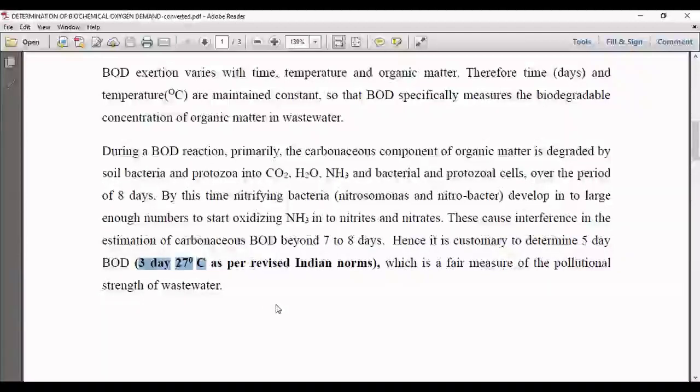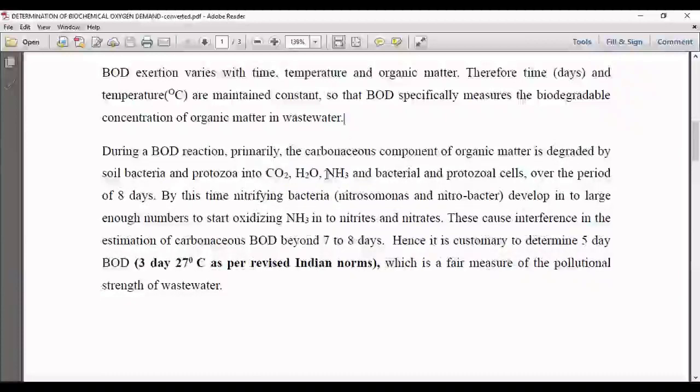The question is definitely asked in your oral: why 5 days or why 3 days? Basically, initially the reaction is the degradation of the organic matter and giving out of CO2, H2O, and NH3.